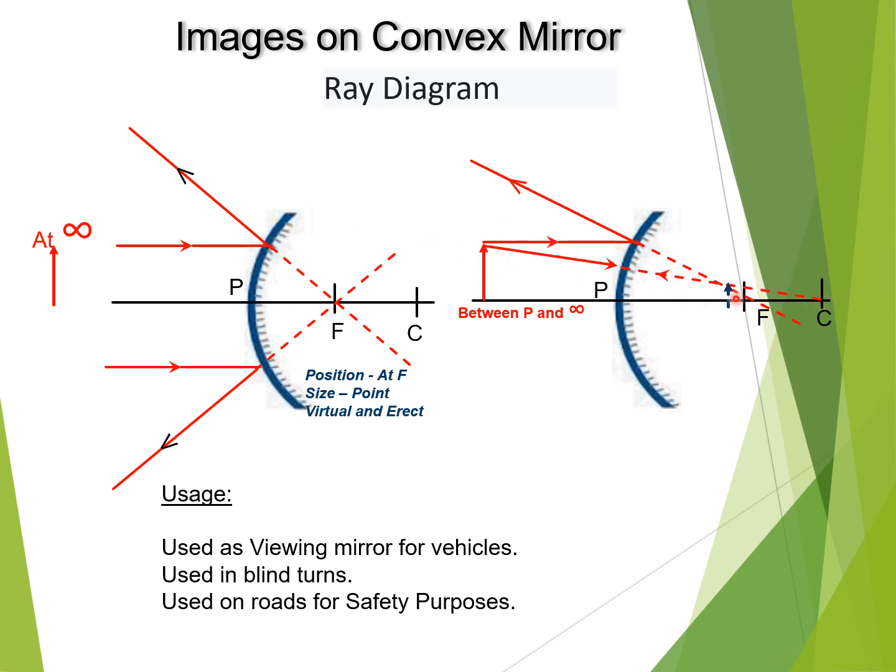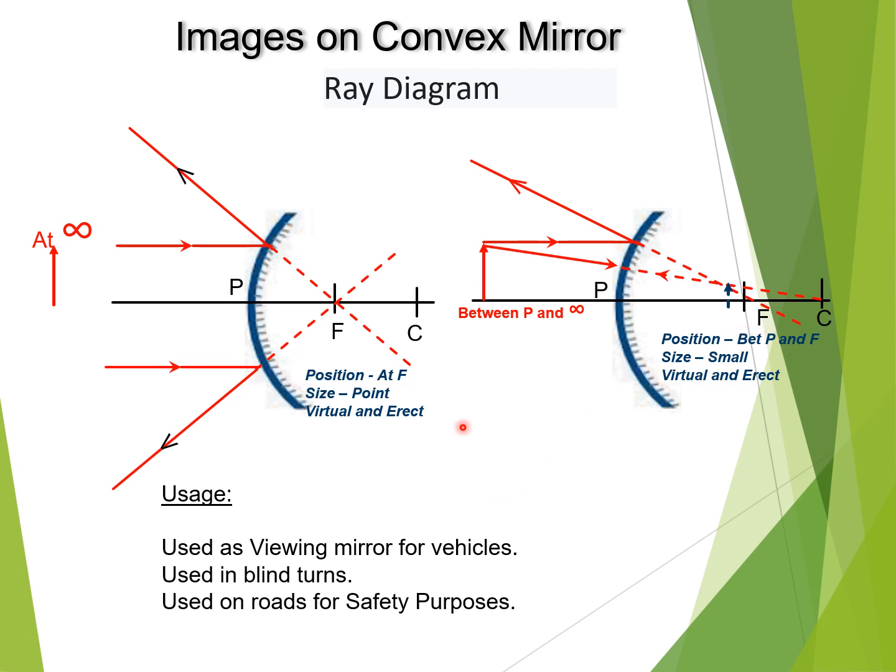So these two reflecting rays are appearing to be meeting here. This point is between P and F, and the size of the image here in this case shall be smaller than the object, and the image nature shall be virtual and erect.